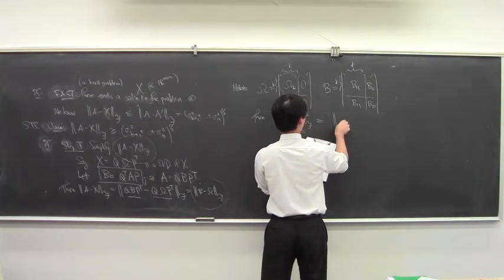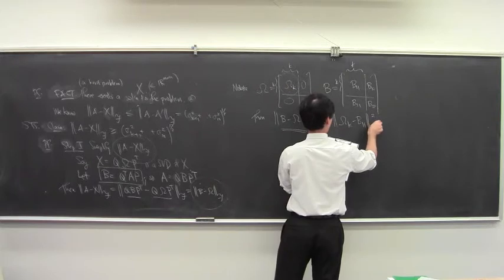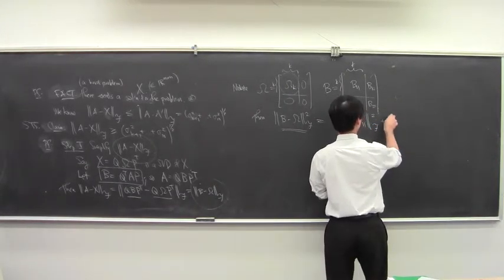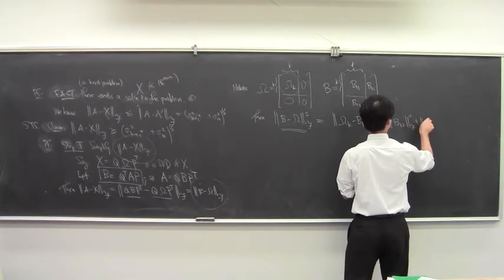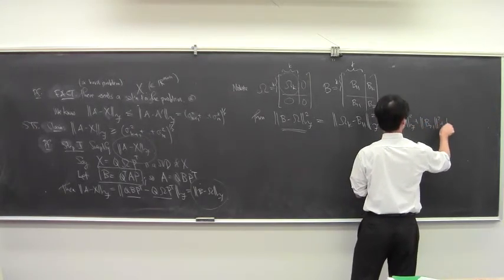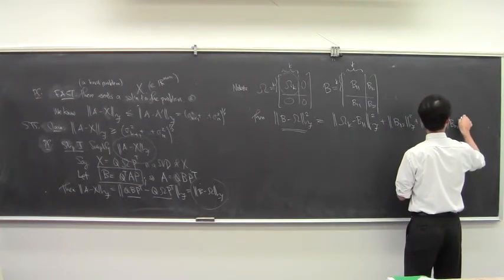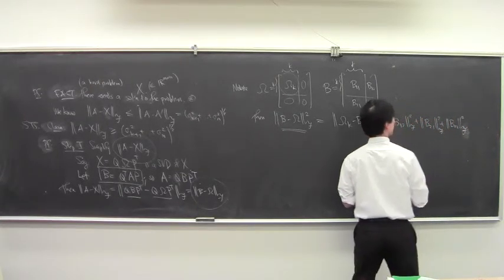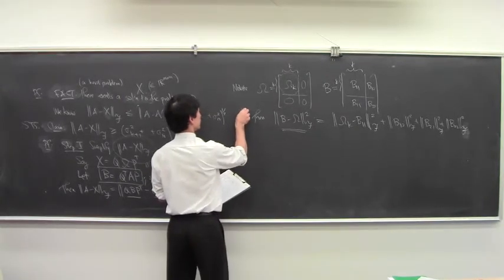This is going to be the square of that plus B12's Frobenius norm squared plus B21's Frobenius norm squared plus B22's Frobenius norm squared. Just using the notation.